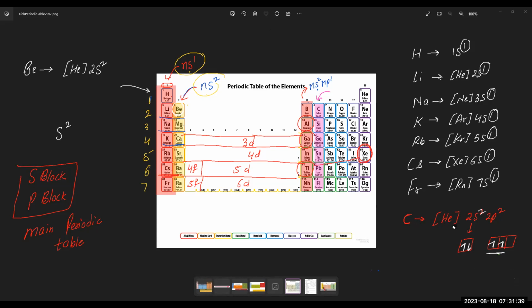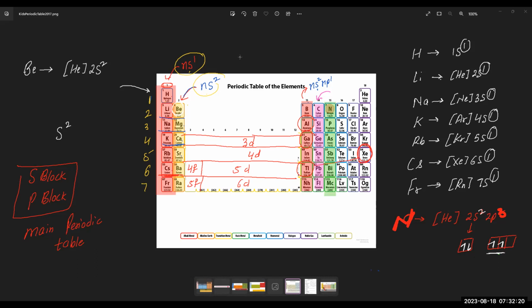Can you change this configuration for nitrogen? Same configuration for nitrogen. So I can write nitrogen here. Helium 2s2, 2p3. So what's the general configuration of the nitrogen family?